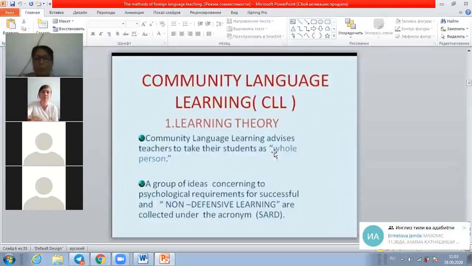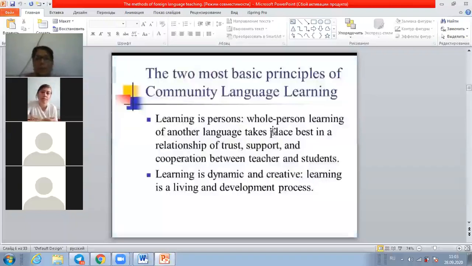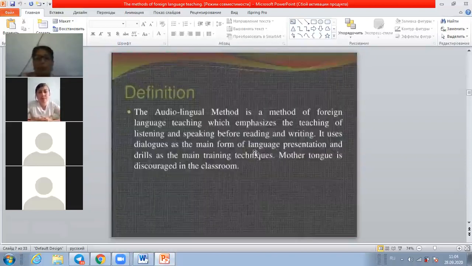Community language learning advises teachers to take their students as whole persons. A group of ideas concerning the psychological requirements for successful and non-defensive learning are collected under this. So, we can read and become familiar with the two most basic principles of community language learning, and we'll continue with the most important information.